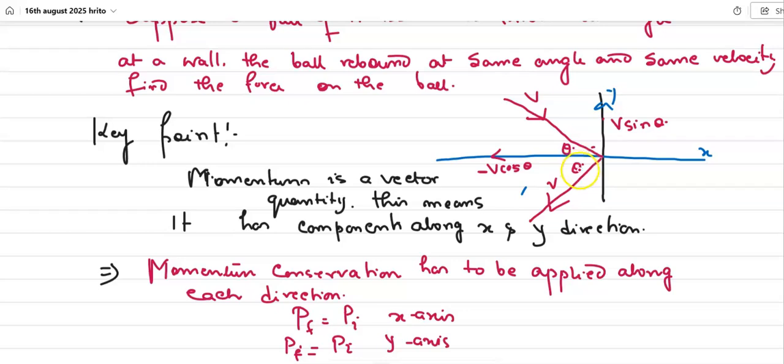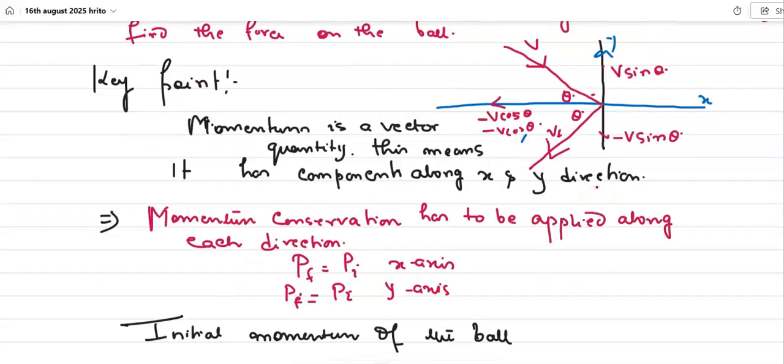For this final velocity which has same magnitude, again you have minus v cos theta along the negative x-axis and minus v sin theta along the y-axis in the final situation.